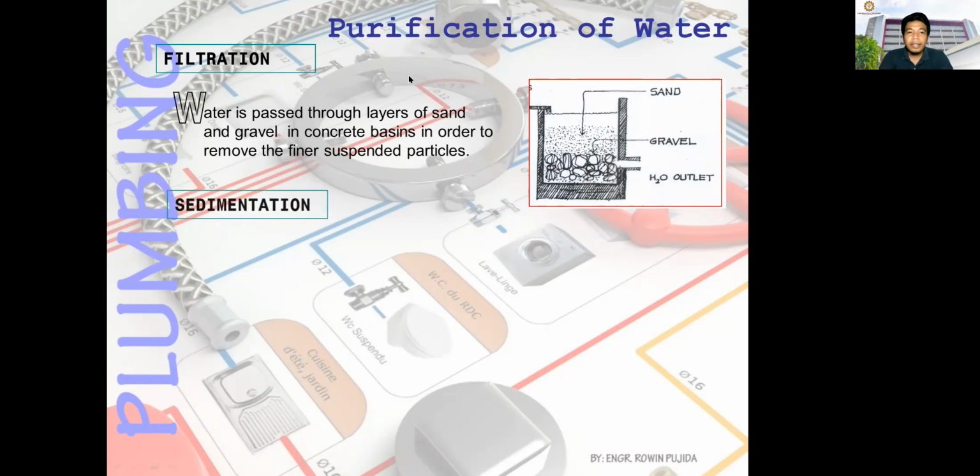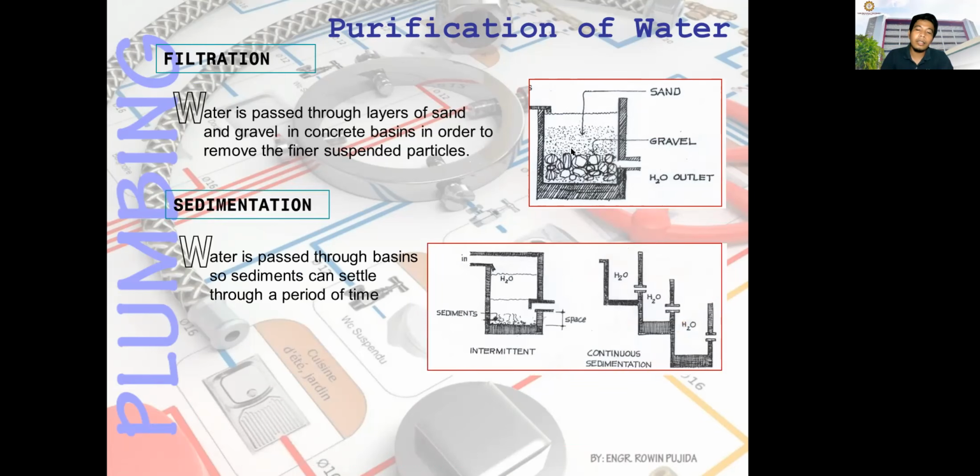Okay. Next is sedimentation. Water is passed through basins so sediments can settle through a period of time. So like in catch basins and septic tanks. So for example, septic tanks, you have the wastewater. Then after that, you have another chamber. So you have a period of time to settle all the solid particles or sediments in this chamber.